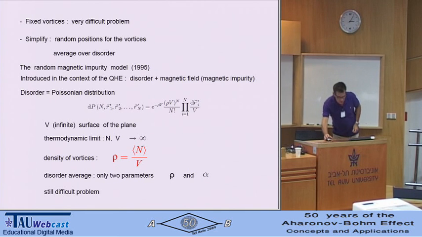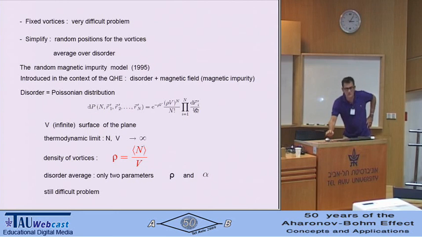So what is the more precise definition of the disorder? We simply consider a very simple disorder, which is a Poissonian distribution. Here, this parameter V is the volume in 2 dimensions, so it means the surface of the plane. Rho, which is here, is the density of impurities.